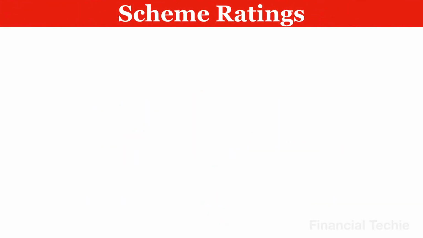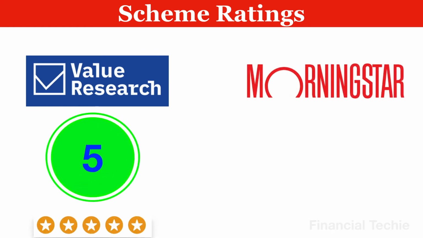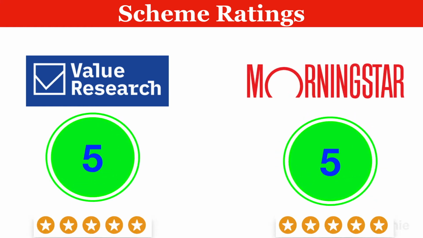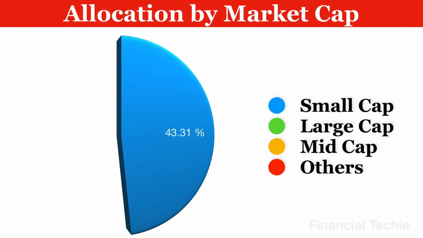In this section, we will see the scheme ratings provided by Value Research as well as Morningstar. Morningstar as well as Value Research has given a 5-star rating for this Axis Small Cap Mutual Fund based on the past performance. In the next section, we will see the fund allocation by market cap.